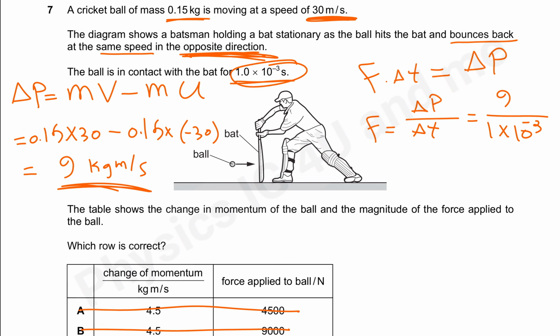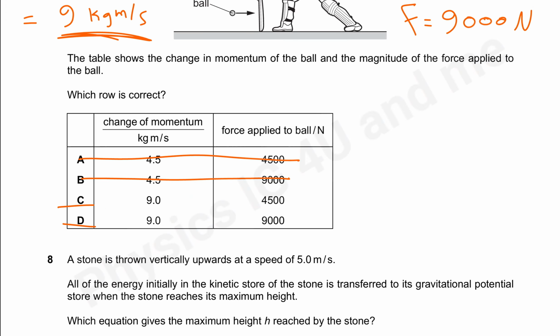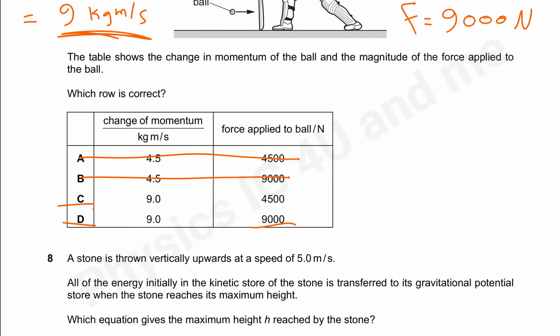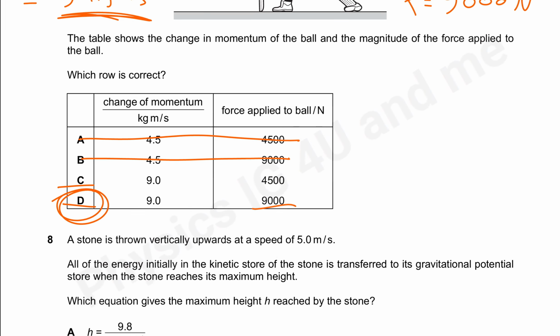So the force, if you put this in a calculator, I will get 9 × 10 to the power 3, or 9,000 Newton. Which option is that? It is option D. So D is the correct answer. I hope it's clear.